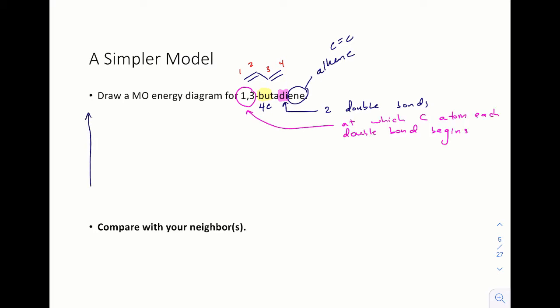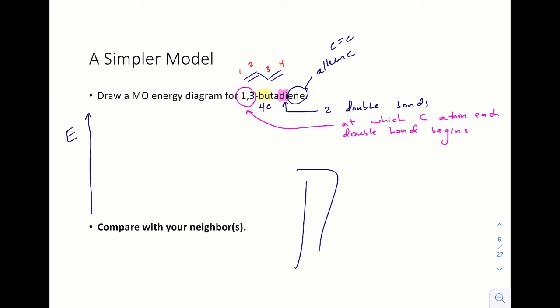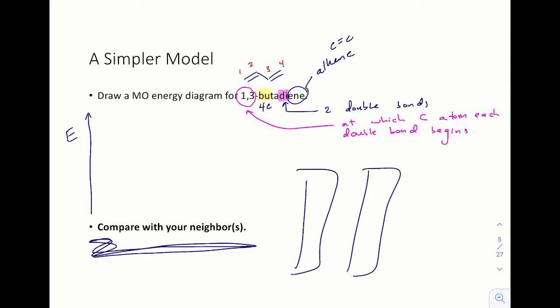With that fun nomenclature review aside, I would very much like for you to draw a molecular orbital energy diagram for 1,3-butadiene. You should pause and do that now. If you do have a study partner that you can message, you can compare your answers. That would be wonderful. So let's pause.